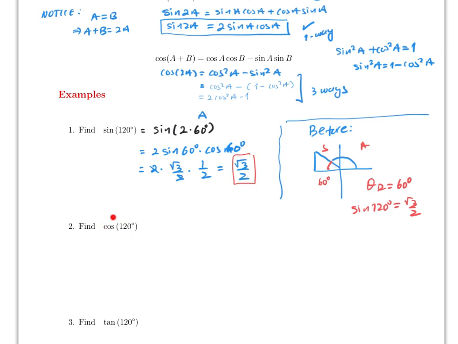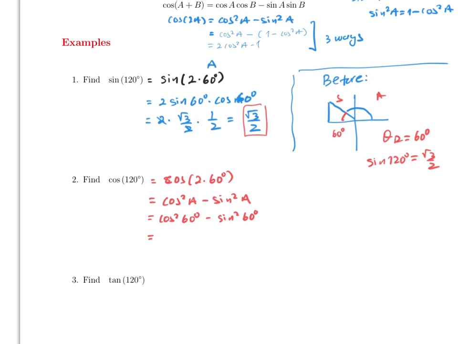So you can also do this one that way, but we are supposed to do it now using these identities. So this one is going to be cosine of 2 times 60. Remember, the formula says cosine square A minus sine square A. That's one way, or you can use the other 2 formulas. Either one should give you the same answer. So this should be cosine square of 60 minus sine square of 60.